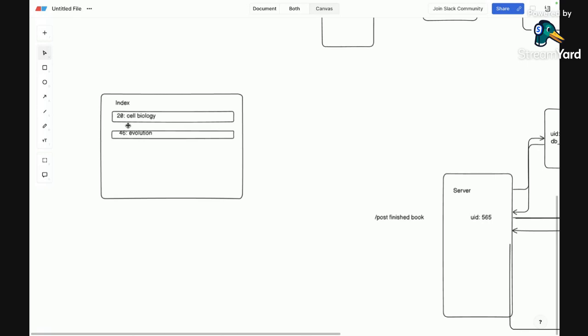That will take time because you are swiping through all the pages. With an index, you open the first page. So with the other method it will take 46 page turns, but with an index, you open the index page, that's the first step. Second step, you see it's 46, so you just turn to 46 and you get the evolution notes. So this is what an index does.